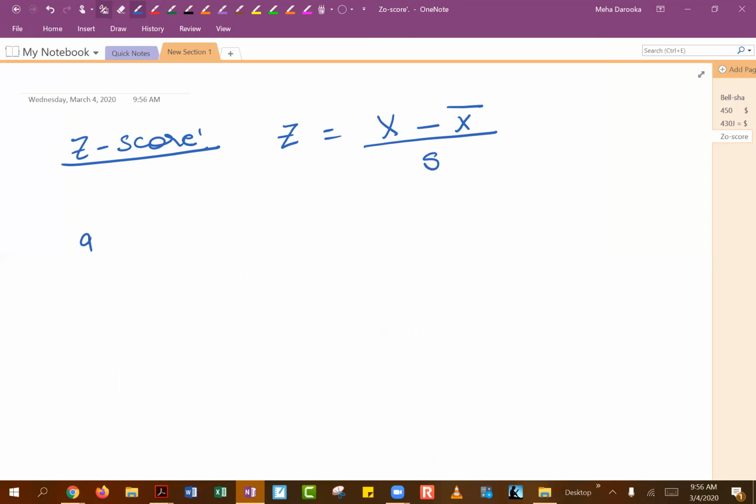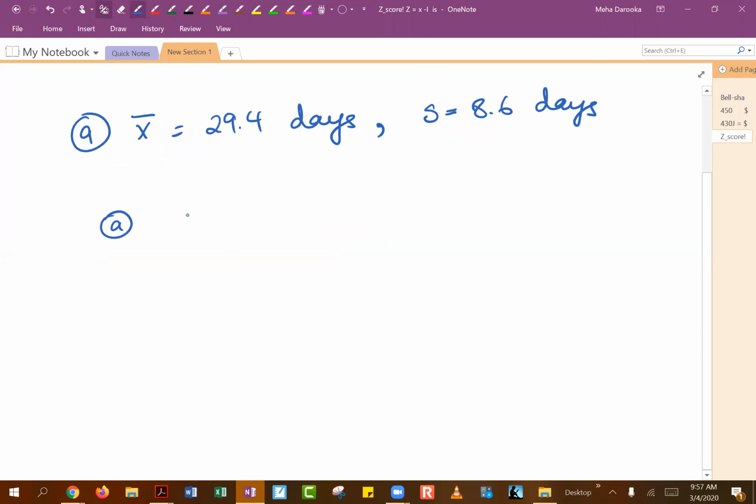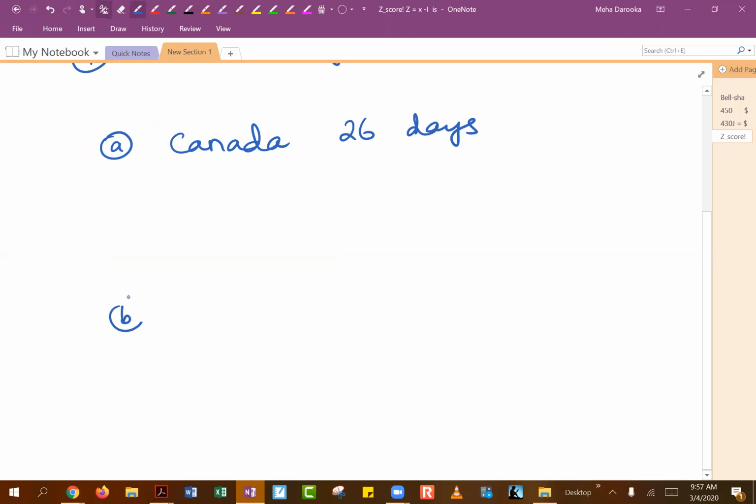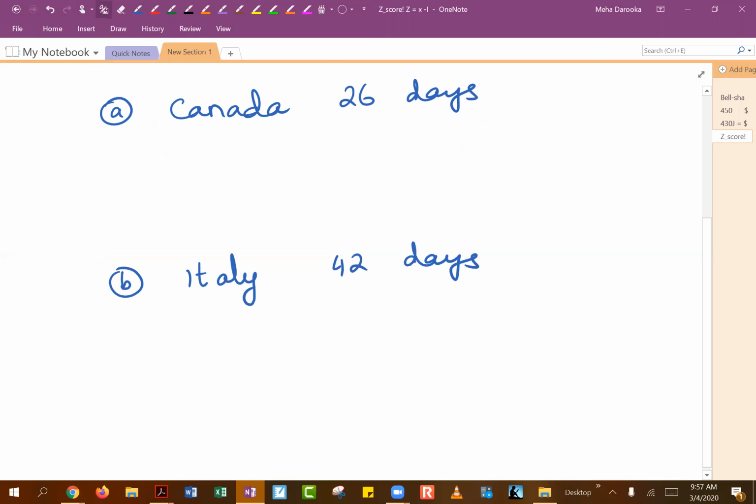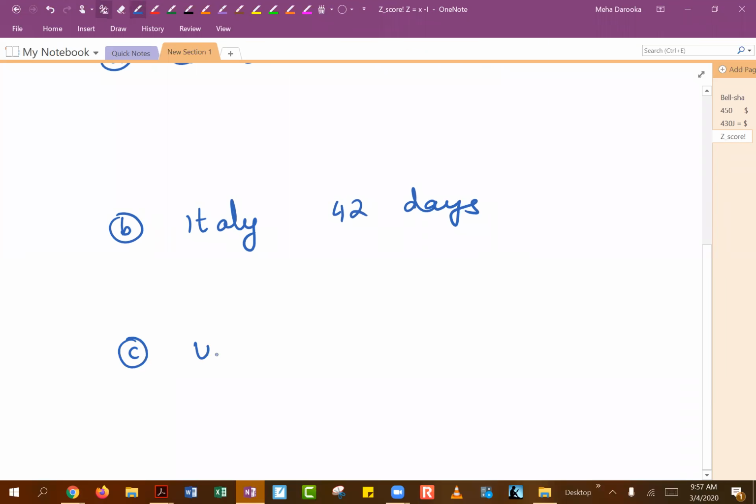So for number 9, they're telling us the average from their data is 29.4 days. The standard deviation was 8.6 days. And then they're asking us to calculate the z-score for Canada at 26 days, Italy at 42 days, and United States at 13 days.